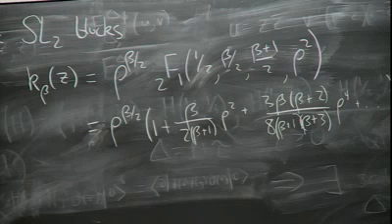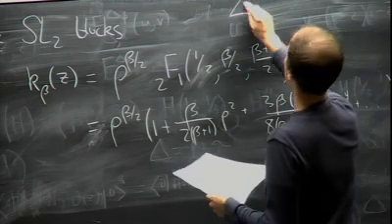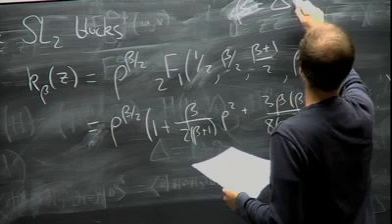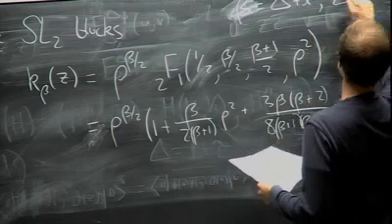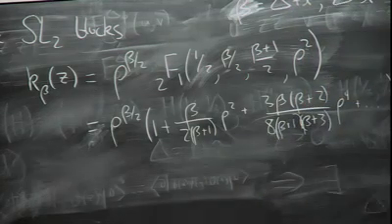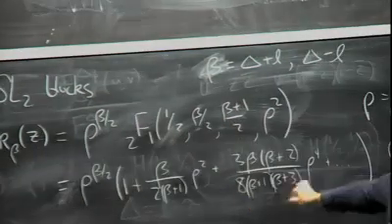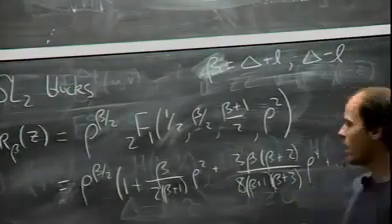Okay, so now I can answer your question. The blocks do indeed have poles in delta. So remember here, beta in the 2D blocks was delta plus L and delta minus L. So there are indeed poles at negative integer values of beta.